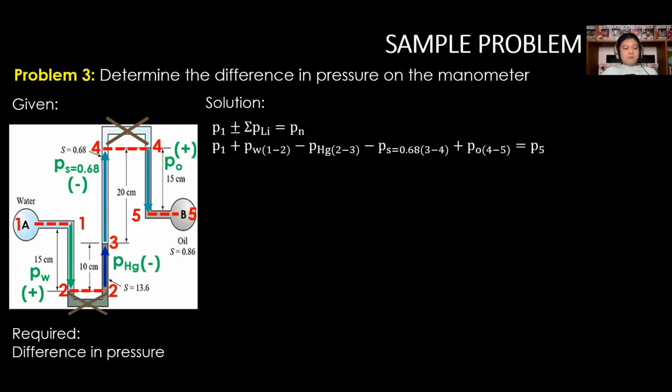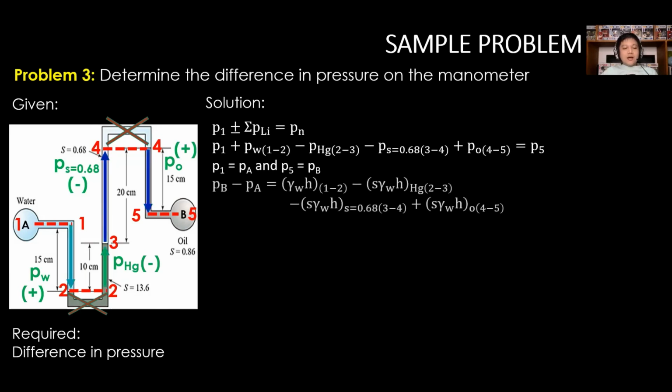But P1 is equal to PA and P5 is P sub B. Rearrange and replace P with gamma times H and gamma of liquid with specific gravity of the liquid times the unit weight of the reference fluid, that is water.